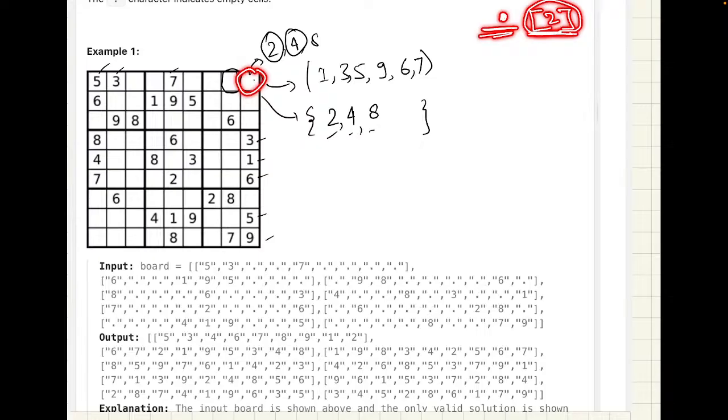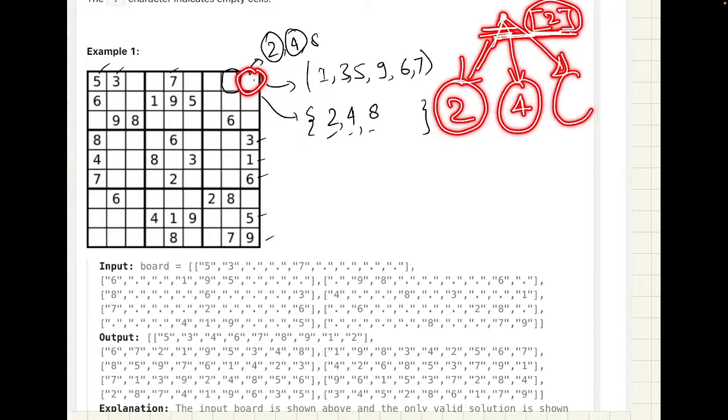So this will be a particular combination where we have filled the box with 2, and then there are 3 combinations possible at the first step, where we have placed 2 over there, 4 over there, and 8 over there. All of these three inputs create three different cases, right? And three different states. And then we move further with other cells.